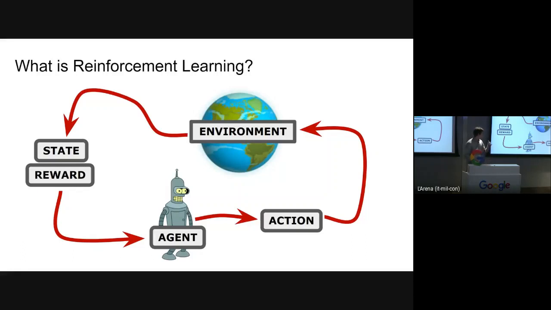It means that, first of all, we have an agent. The agent performs some actions on the environment. The environment changes its state, and also sometimes gives or doesn't give a reward to the agent. And the whole goal of the agent is to maximize a total reward.